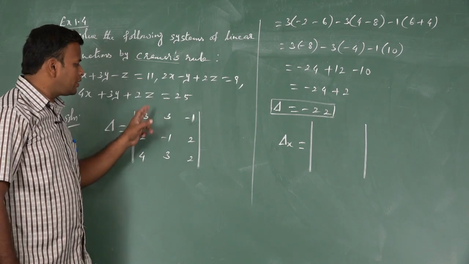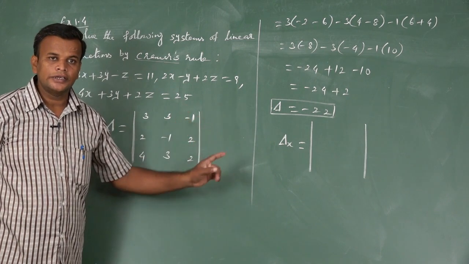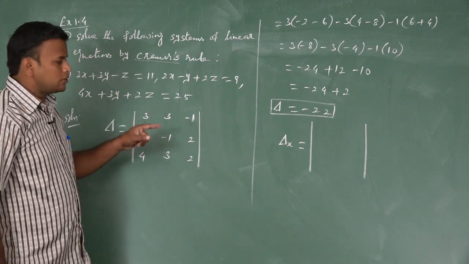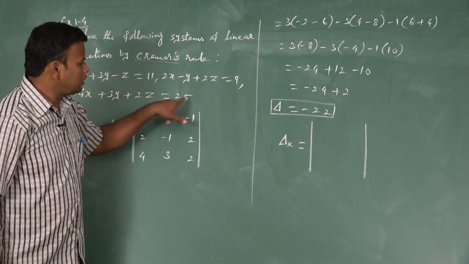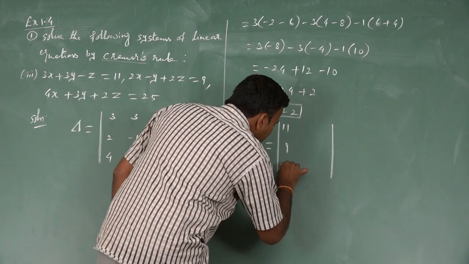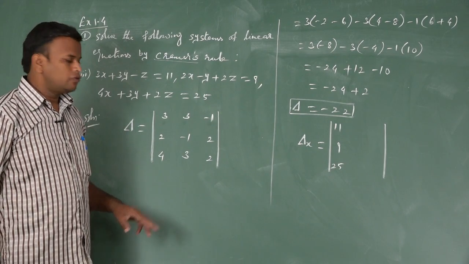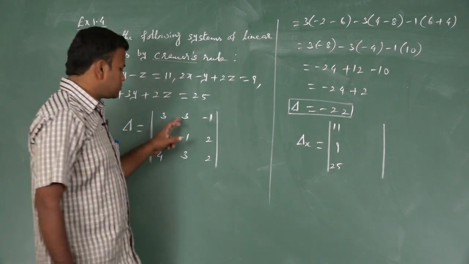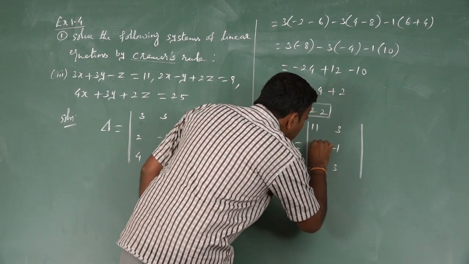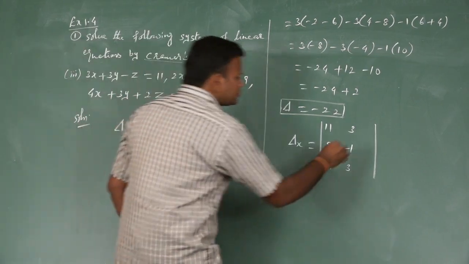We enter those values in the first column, and the next two columns have no change. We write the second column and third column as it is. So 3, minus 1, 3. Minus 1, 2, 2.